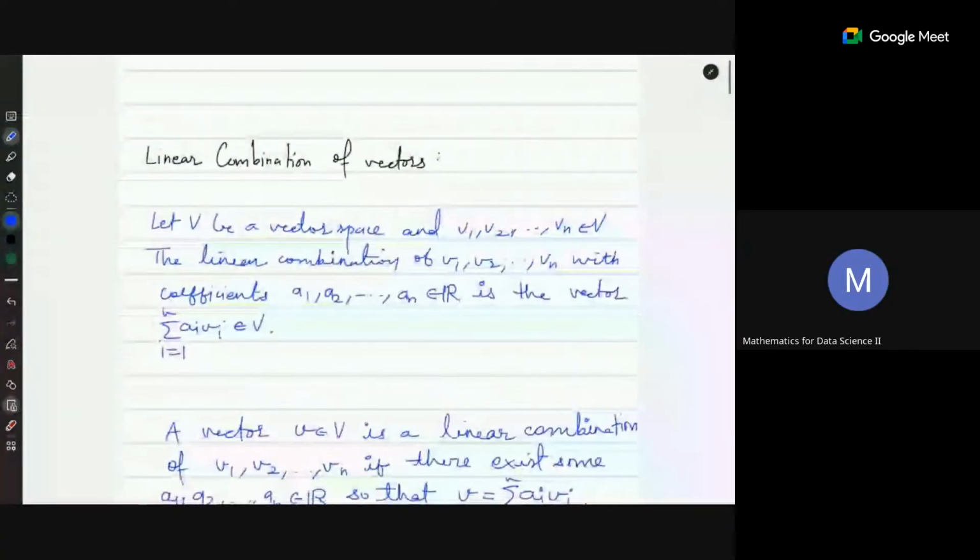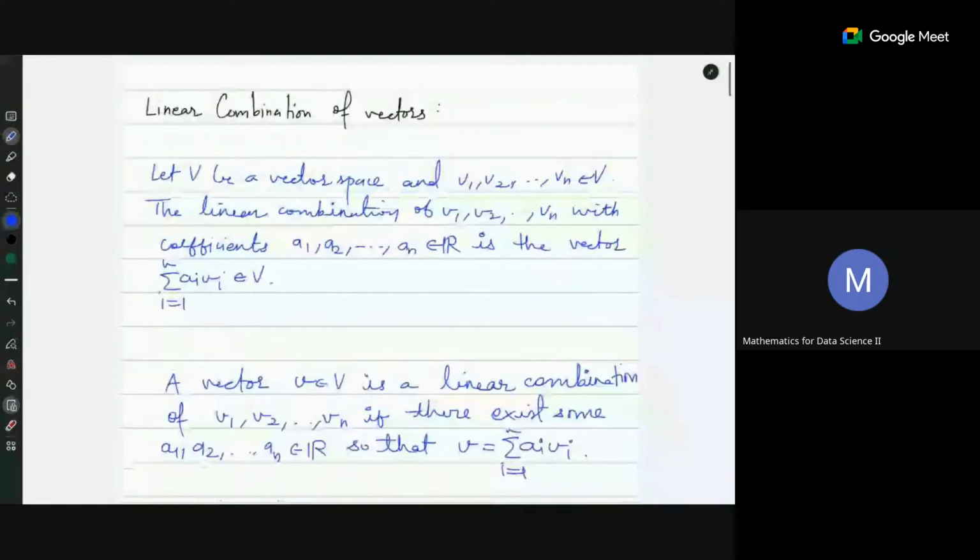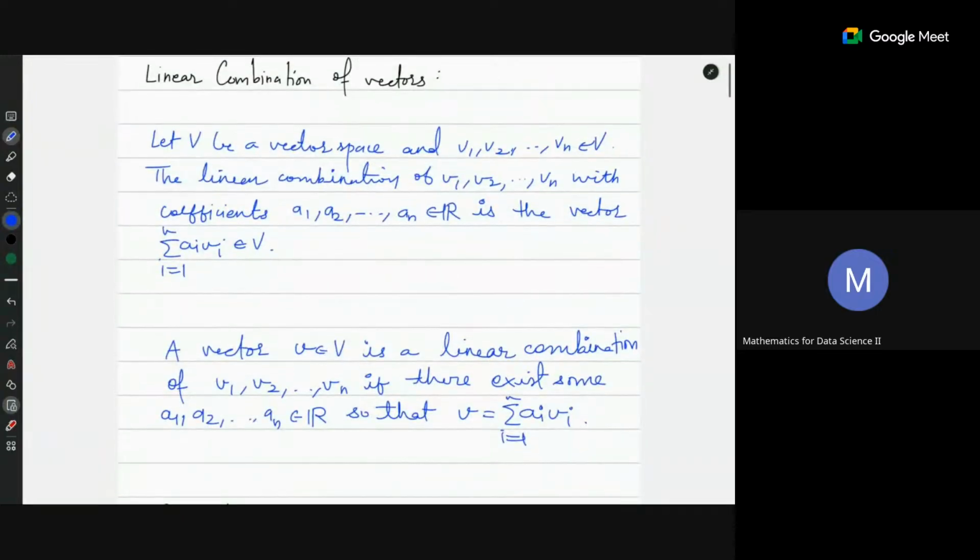So last time, let me start with recalling what we did in the last session. You studied the linear combination of vectors. Suppose V is a vector space and V1 up to Vn are vectors in the vector space.